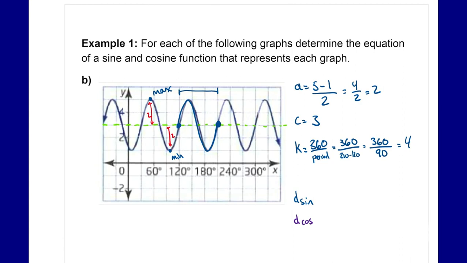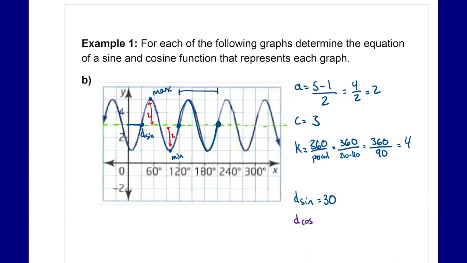So the D value of sine is starting at the y-axis and going over to the rising portion at the midline. So if I go over to here, this is my D value. This one is easy to see. It meets on a grid line, so this would be 30. So the D value for sine is 30.